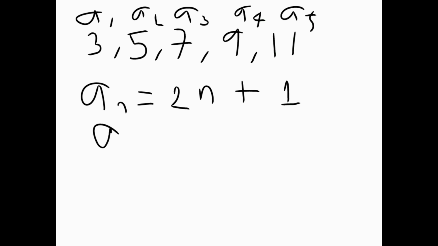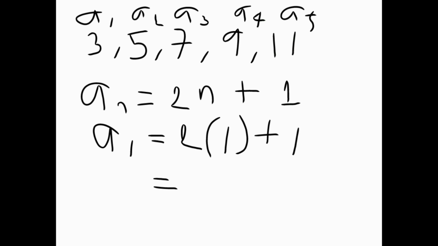So we have a sub 1, which signifies the first term, then 2 times our n here, which is 1, plus 1. So we have 2 times 1, that is 2, plus 1, we have 3. So our first term is 3, which is correct on our sequence.